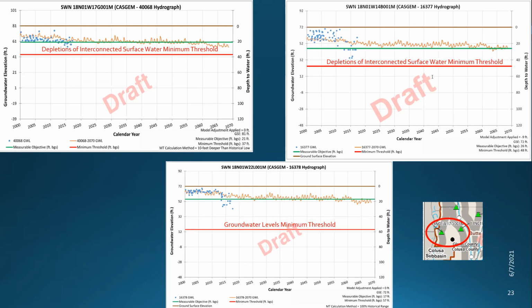I would also remind you that the important factor is it doesn't go below the MT. And then also, I disagree with DWR personally on this requirement to project out to 2070. It's just ridiculous. It's simply in my book an exercise that is not very useful.